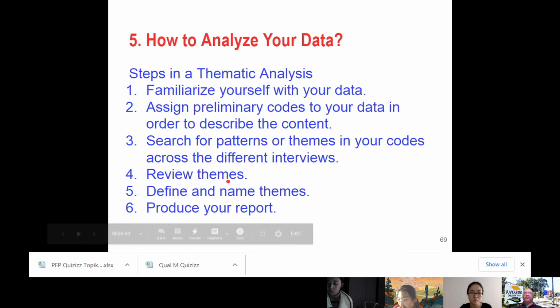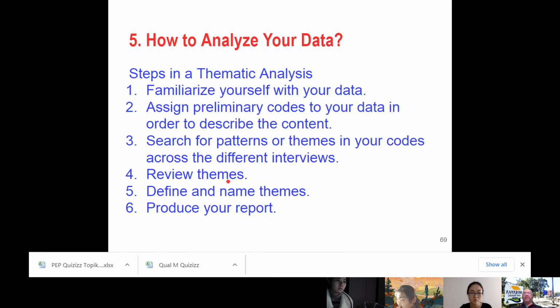Number 4, you review the themes. You see the themes again, and if you think you need to change or update it, you can change or update it. Because it is so dynamic and evolving, it probably changes a few times before you get the final one.